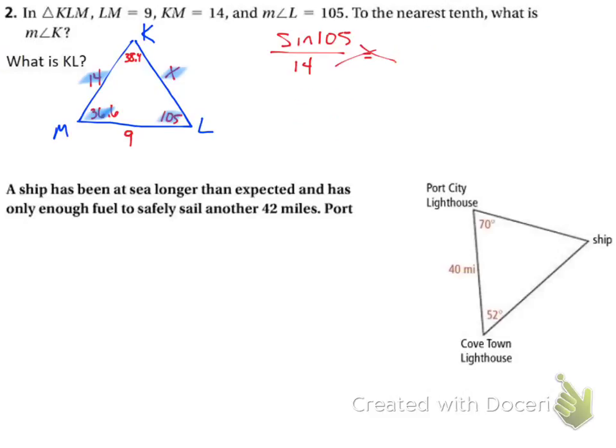My right-hand side should be finding out what X is, so I should go sine of 36.6, and then the bottom should be my X. Sorry. So when I do that, I get 14 times the sine of 36.6 is equal to the sine of 105 times X. So I can divide both sides by the sine of 105.